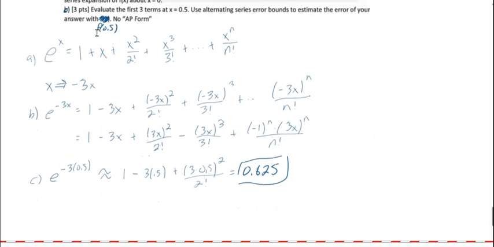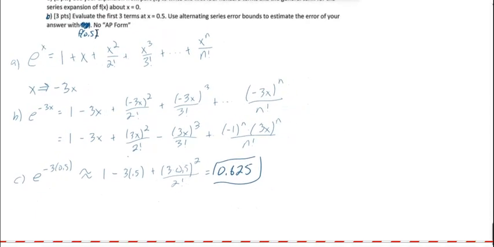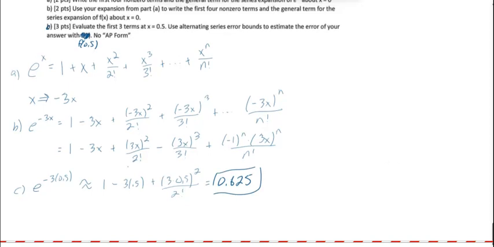Well, we just talked recently in these videos about alternating series error bound. What we say is that you have to go to the next term to figure out what the error might be. So we used the first three terms. What I'm going to do is, the absolute value of this next term right here is going to be a ceiling on the error of the 0.625 for the actual e to the negative 3 times 0.5.